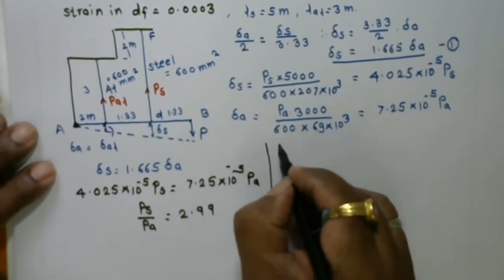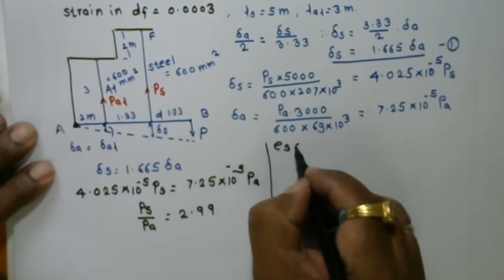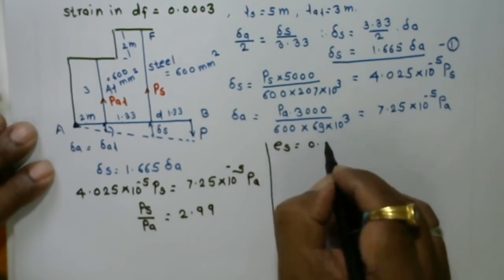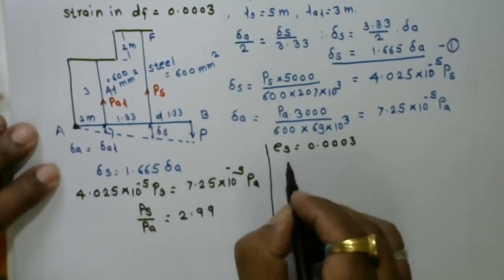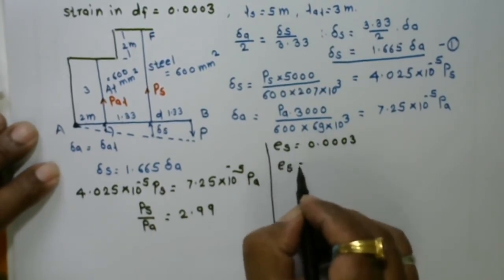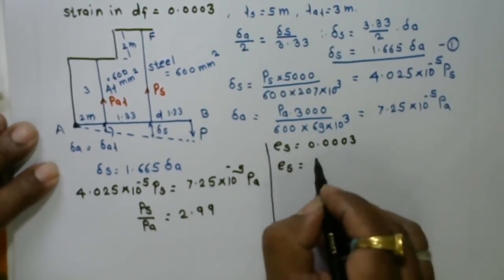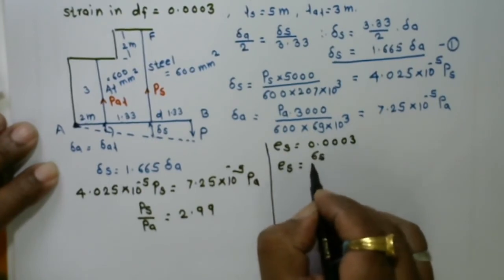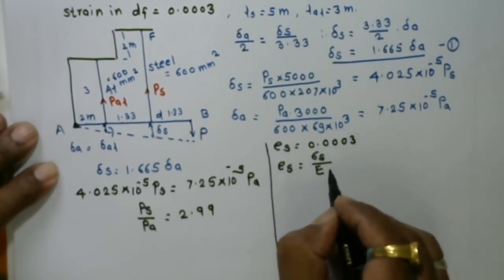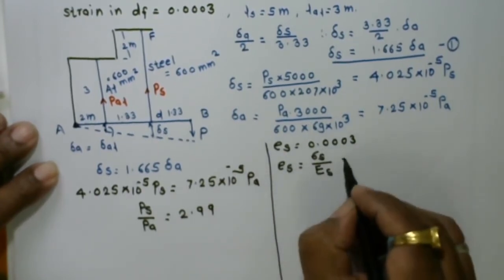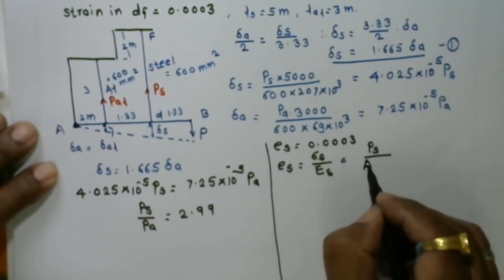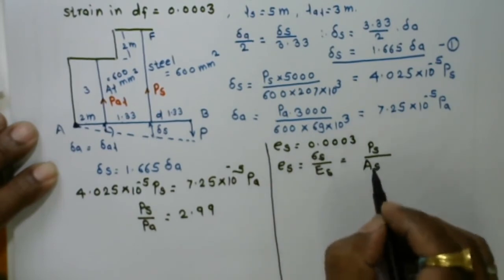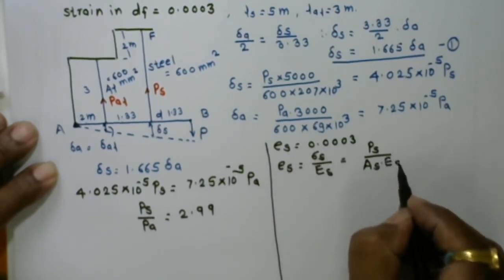Now here strain in steel is given, that is 0.003. It is already given. So strain in the steel bar, we know the relation stress upon modulus of elasticity. Stress is nothing but we may put the relation PS upon AS, that is equal to strain S into ES.